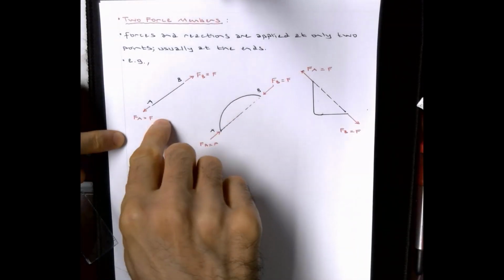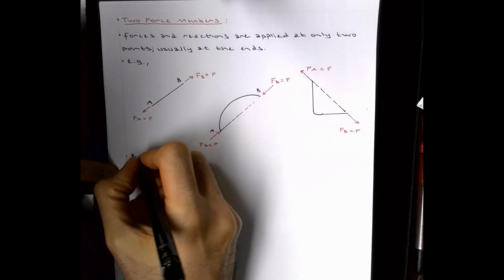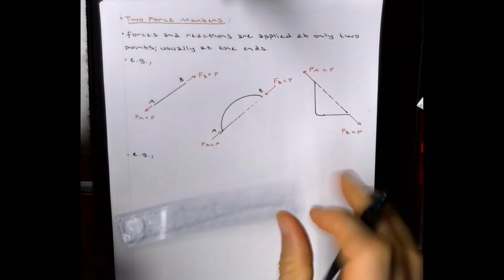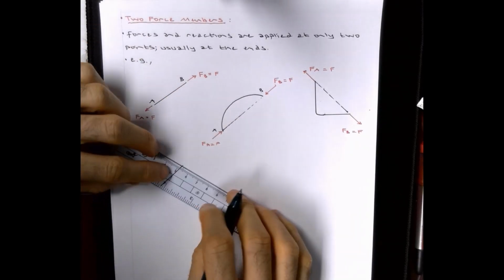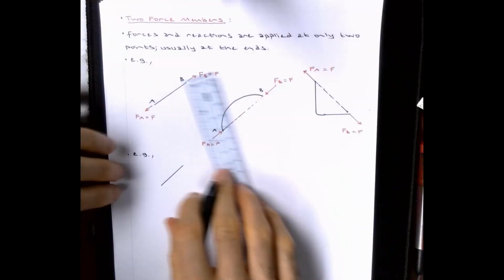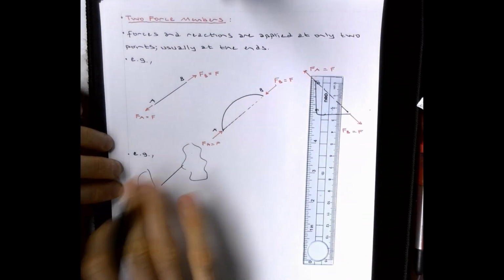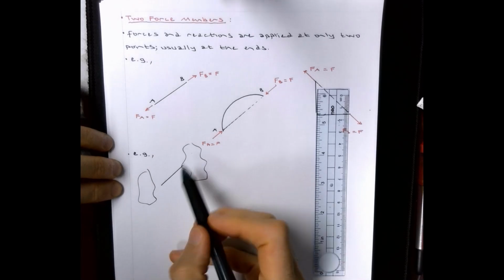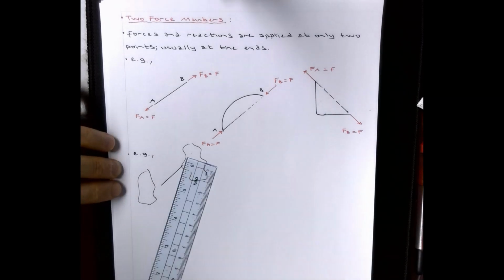So let's say you are given a problem, and in the problem there are multiple members. So it is, something going on at this end, something else going on at this end as well. So if you realize, oh, this is a two force member, then you only have one unknown, right?